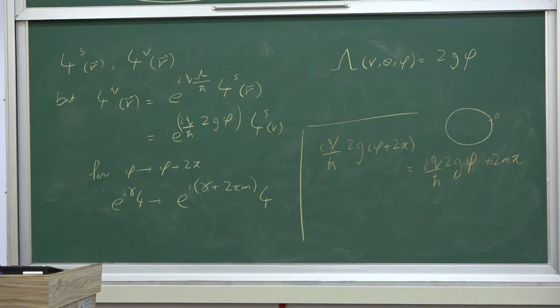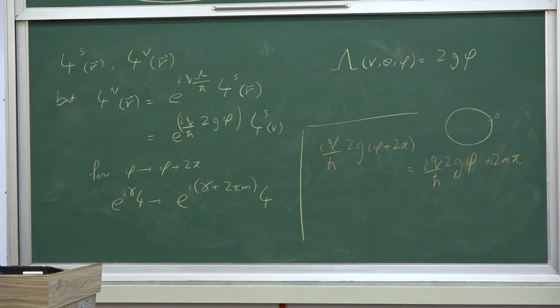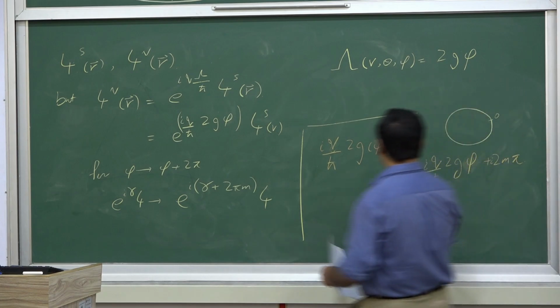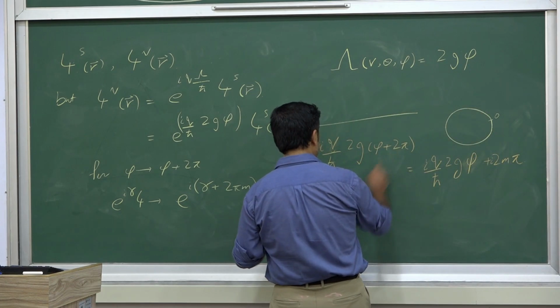Remember, this q is coming because you have a charge there which is moving in this field of the monopole, and g is the charge of the monopole, the magnetic charge. So this gives me what? I just have to pick these terms.